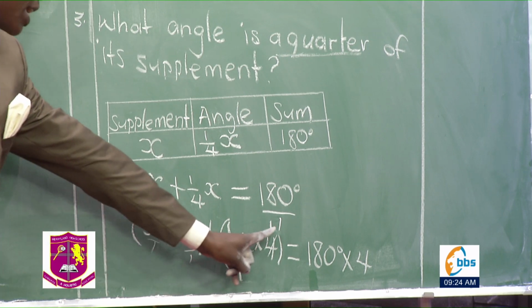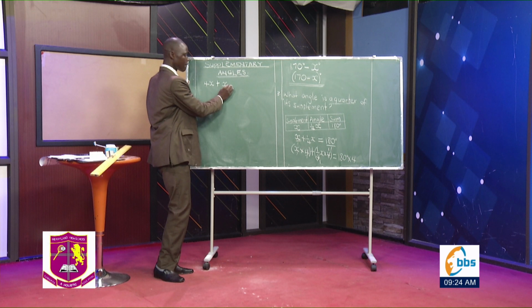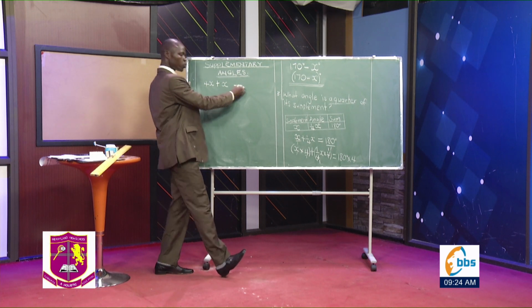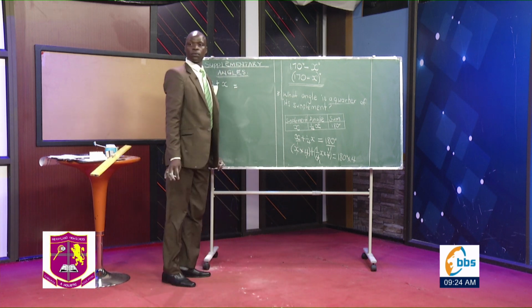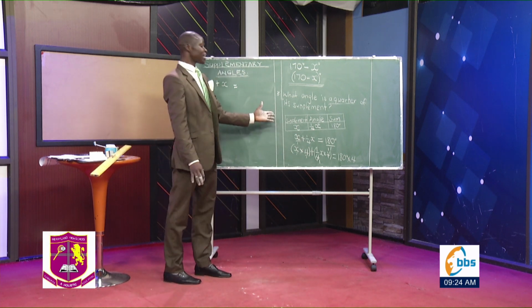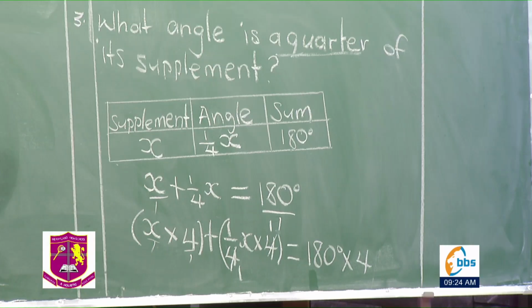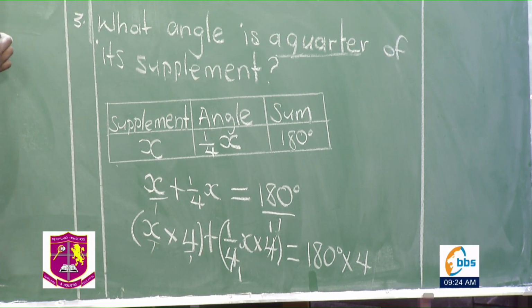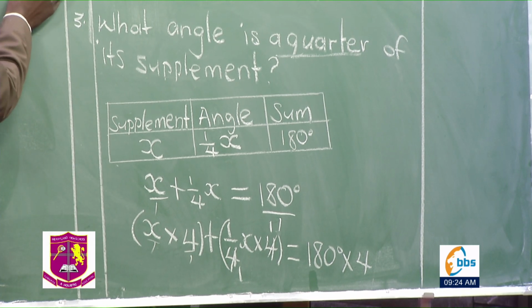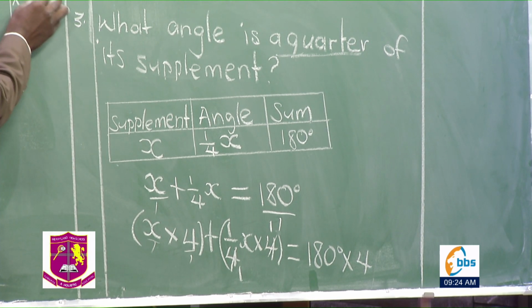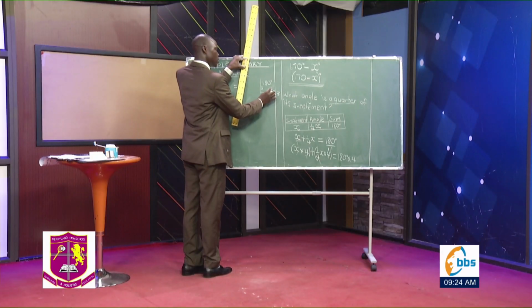So here we are left with the x times 1, where we shall have x, which is equal to, when you get 180 degrees times 4, here there is no trembling. Take your time, work out so that you don't miss a mark. That is 0.